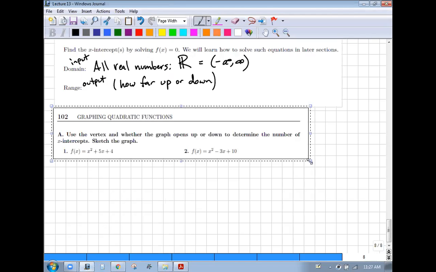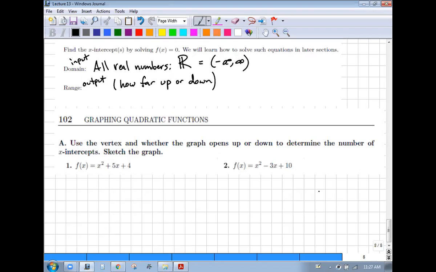Page 102. Use the vertex and whether the graph opens up or down to determine the number of x-intercepts. Okay, so the vertex is -b/2a. This is going to give us the x value for the vertex. So here, what is our b?